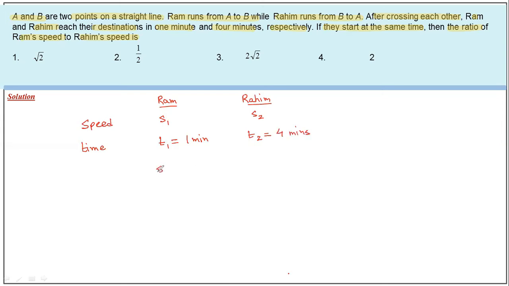Now we know that S1 by S2 is equal to root under T2 by T1. So that is equal to root under 4 by 1, which is equal to 2. So the given ratio would be equal to 2, option 4.